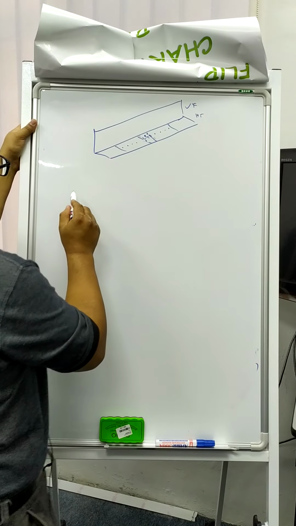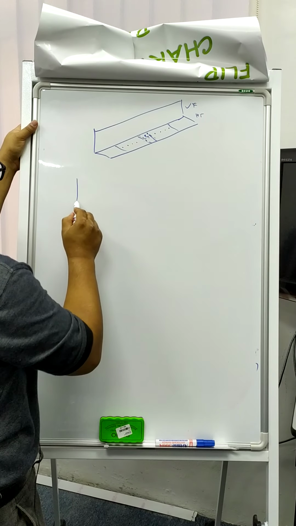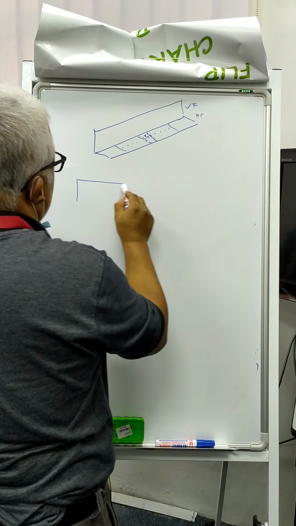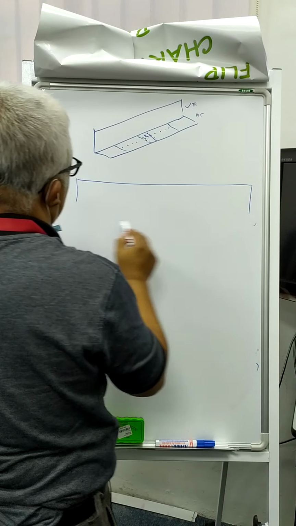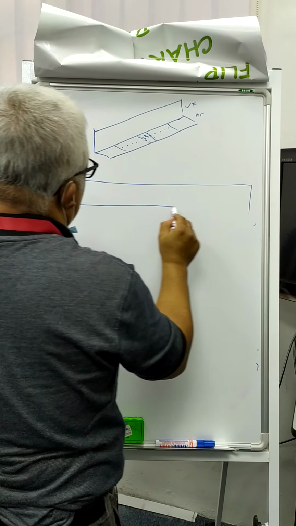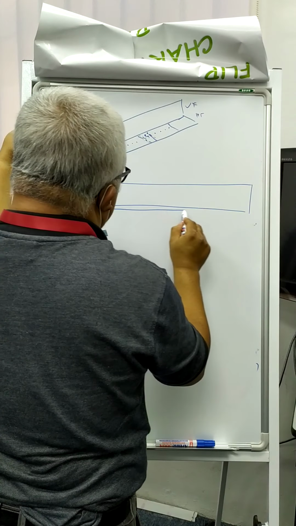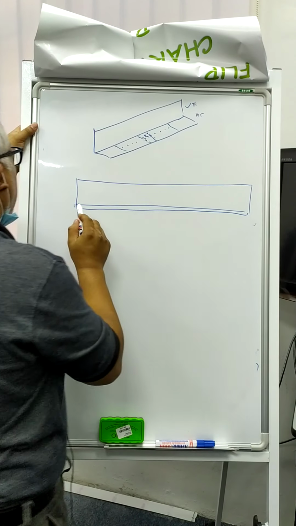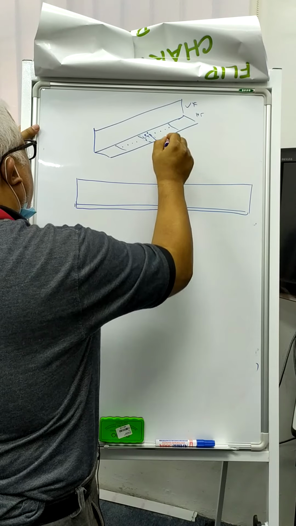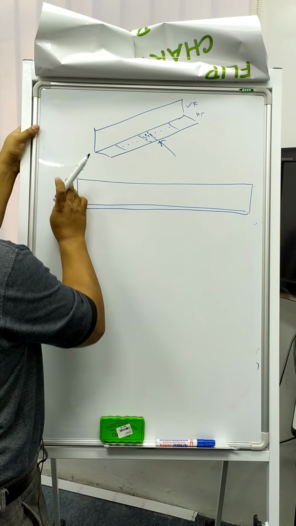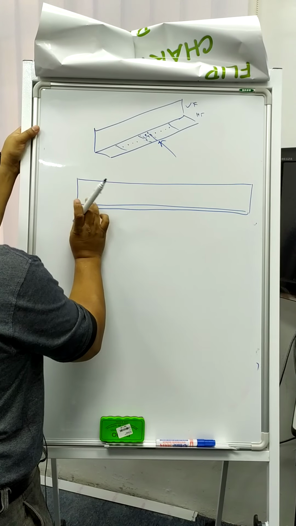If we draw properly from the side, let me try to draw it nicely. One side, then we have this. Okay, so from this view, here is the vertical flange, this is the horizontal flange.